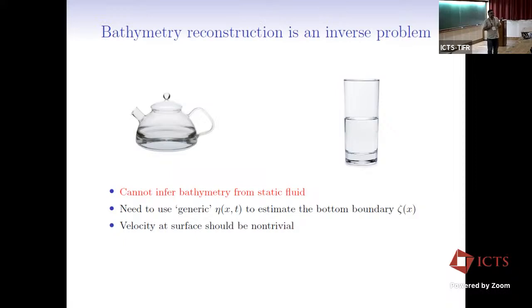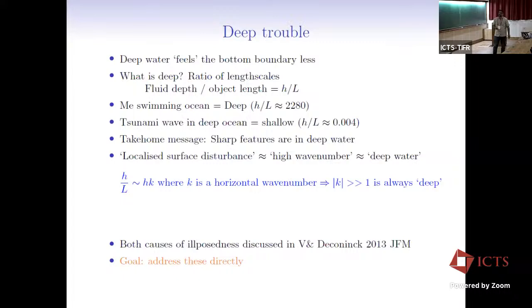Right? So they should be non-zero. There should be movement at the free surface. If I wanted to know the shape of the teapot, I need to shake the teapot and create waves at the surface. Those waves are a result of the shape of the teapot. Right? Otherwise, I won't have that information.